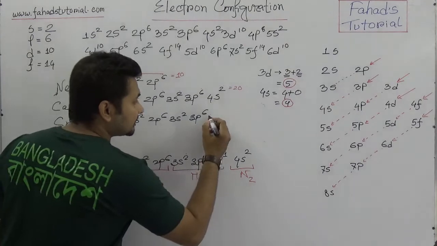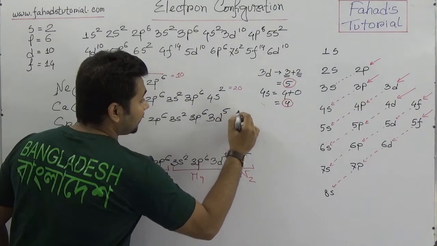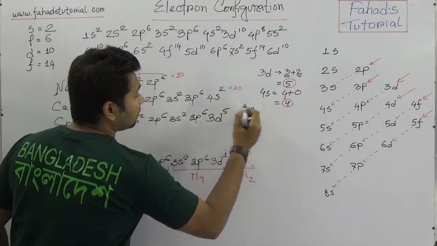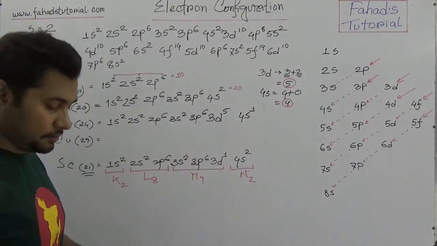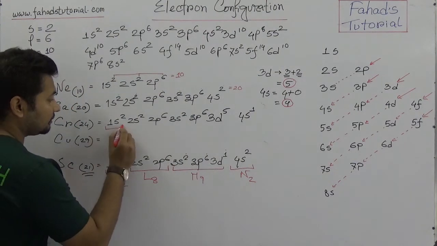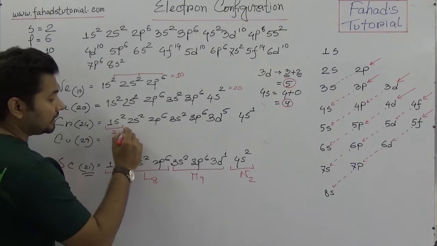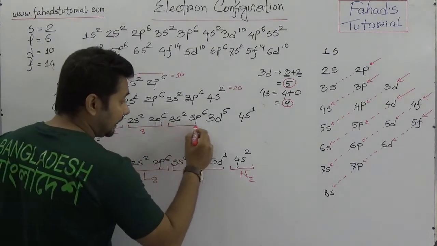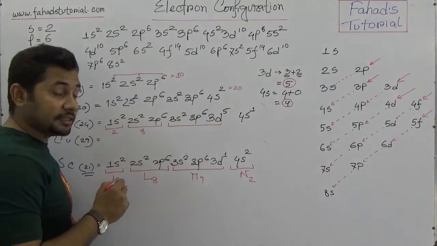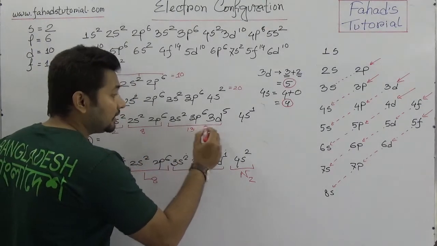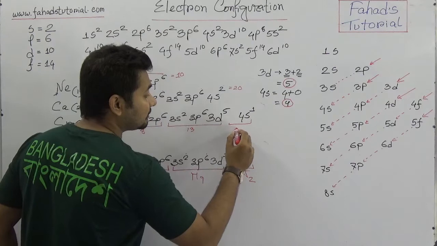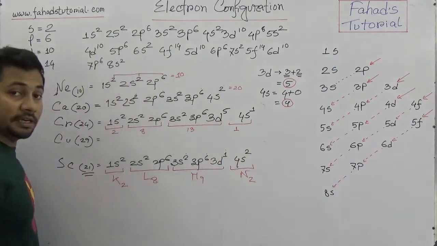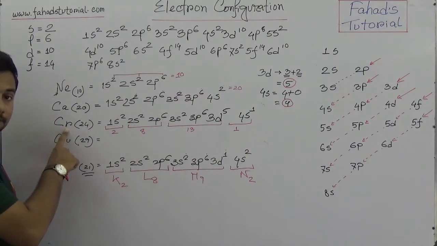So after 3p6 there would be 3d5 and 4s1. So we know that in the K shell there are 2 electrons, in the L shell there are 8 electrons, in the M shell there are 13 electrons, and in the N shell there is 1 electron in the case of chromium.